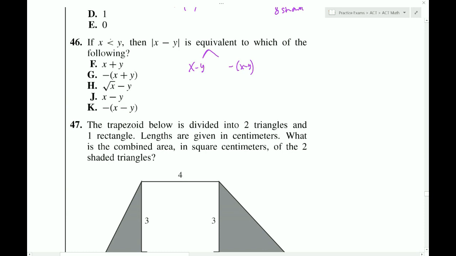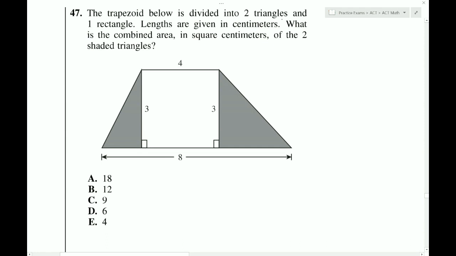Now if we have x being less than y, let's say 1 versus 3, then we would do 1 minus 3, we'd get a negative answer in here. So when you get a negative answer inside an absolute value, the absolute value negates the entire thing. So we actually come out this side of the split. So that's going to be choice K.